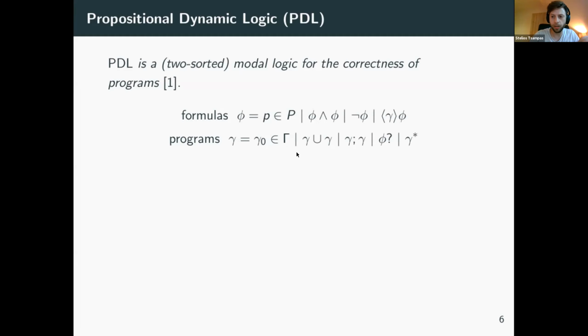We can build programs in an inductive manner by having a certain set of pre-existing programs and certain operations like the union operator, which describes the mixing of two programs together, the composition operator, which says one program after the other, and then this weird Kleene star operator, iteration.